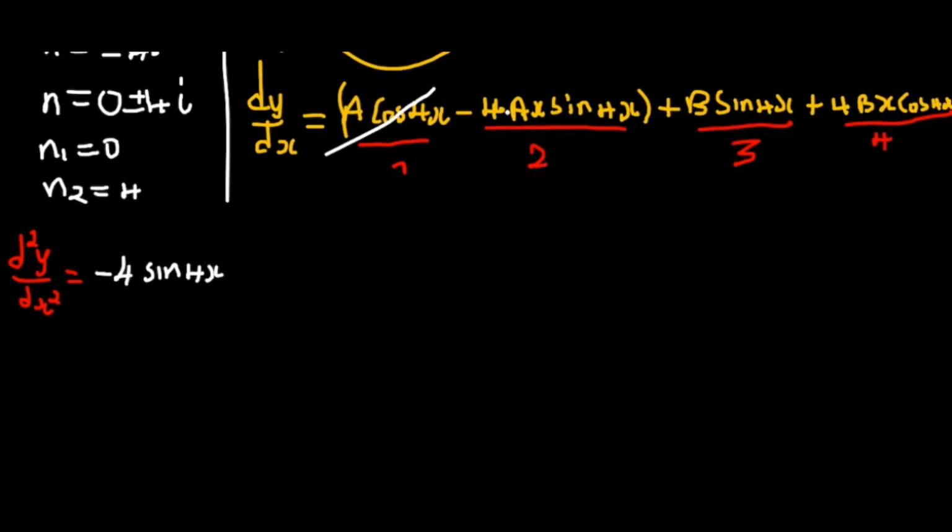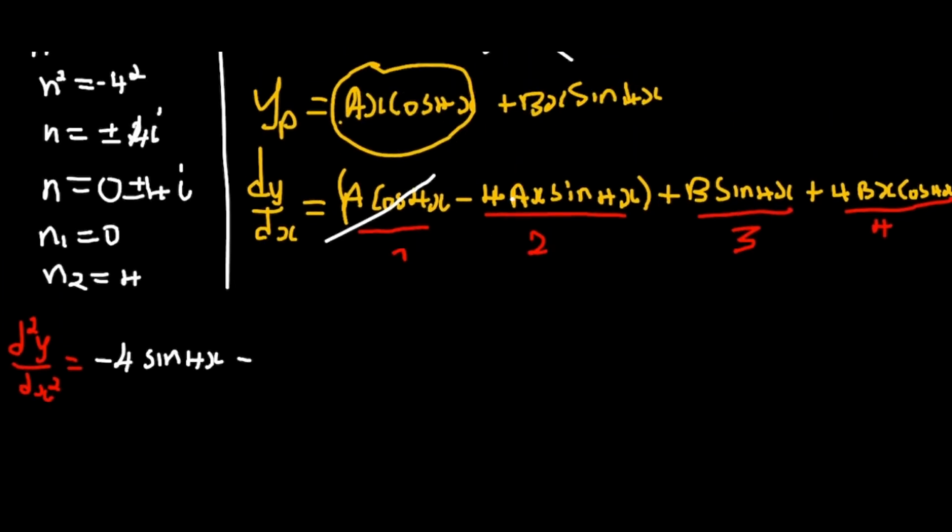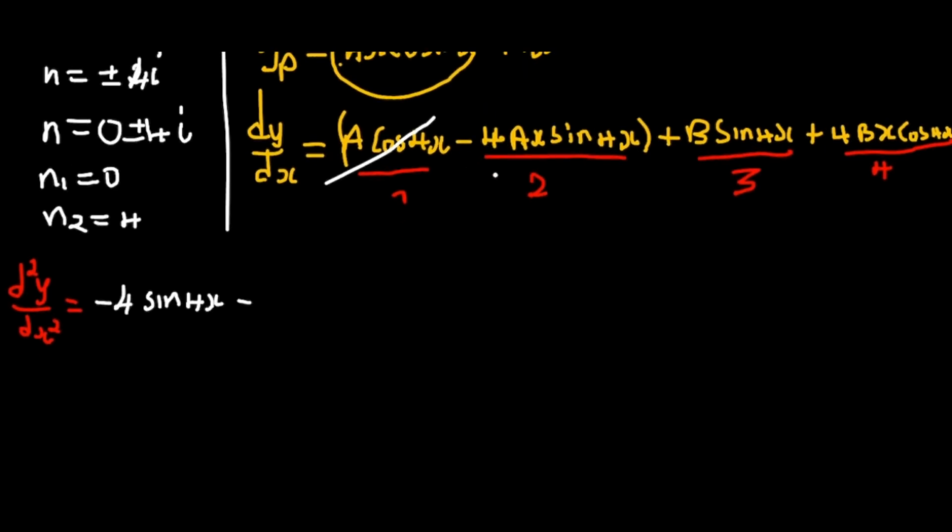Now going on to the second term, we can factor out negative 4a.